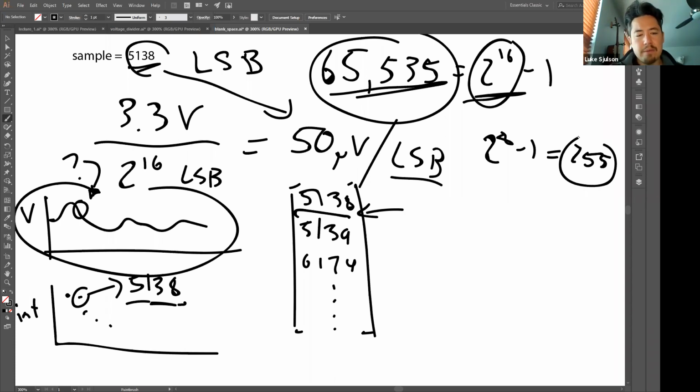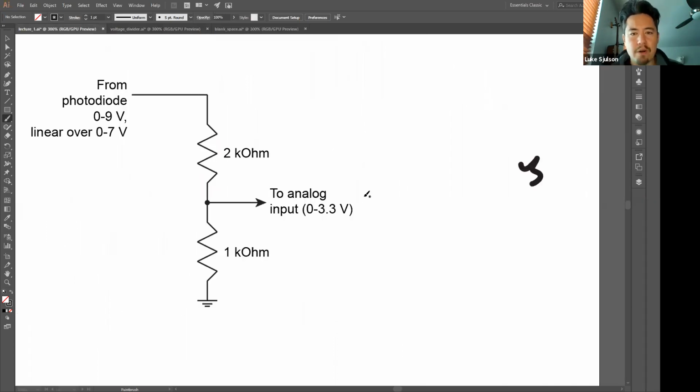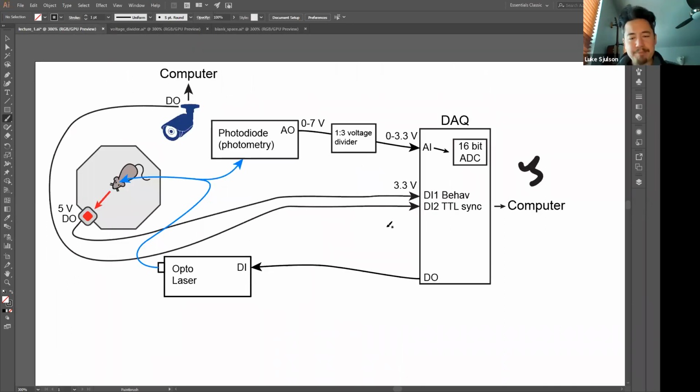In that case you probably wouldn't be able to reconstruct the signal with as good a resolution as you wanted. So this has a much larger dynamic range, meaning the largest and smallest numbers it can encode differ much more. But the key thing is that you have to set your hardware correctly, so that the voltage going into the A to D converter gives a signal that goes between approximately 0 and 3.3 volts.